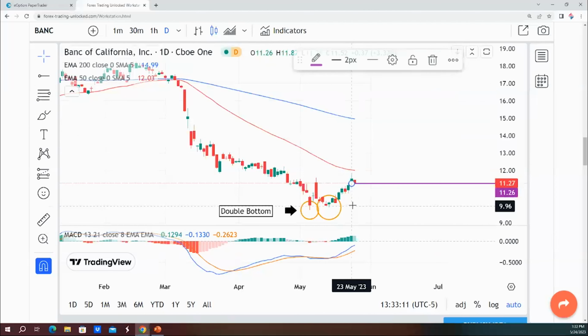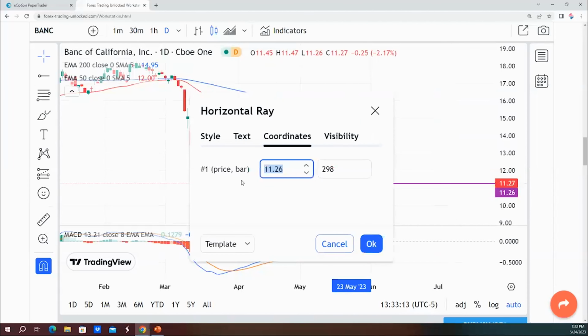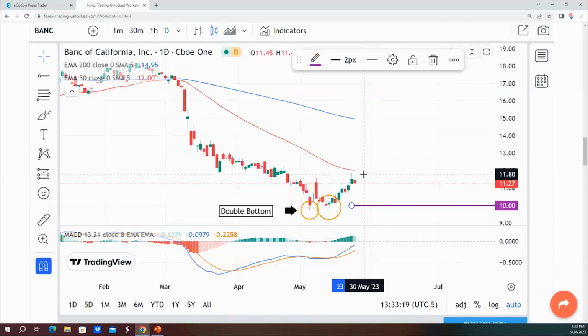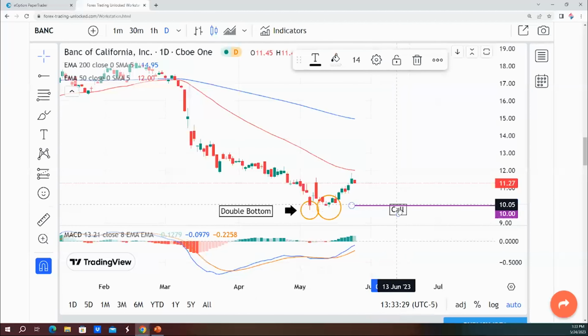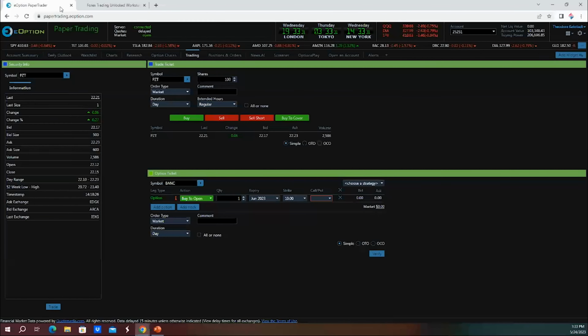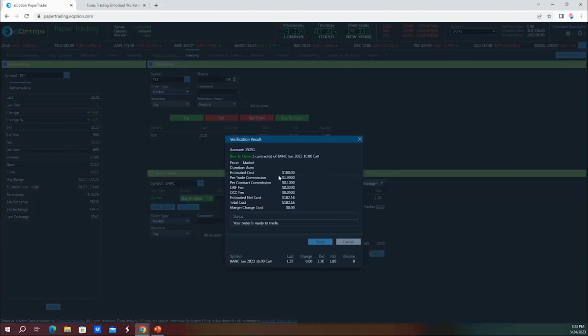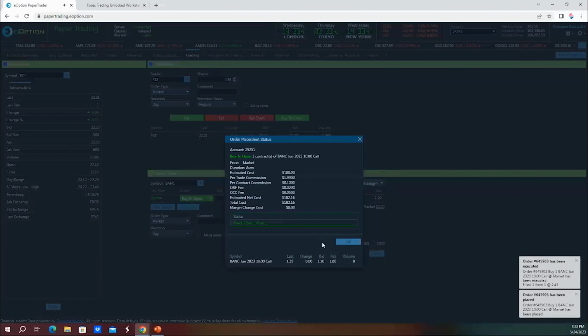We have a $10 strike price for our call, and we have a price of $2.20. So to put on this order, we see what the price is here. Total cost $182. Trade is verified.